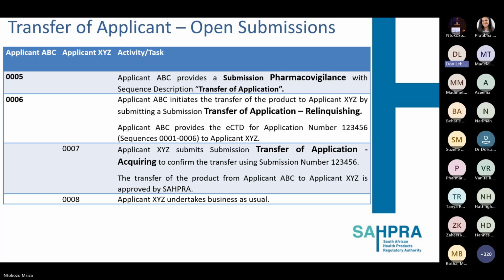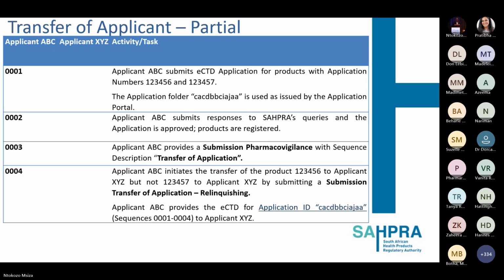And then on sequence 7, the acquiring applicant would submit a transfer of applicancy using the same application number, but they would get a separate application ID. And then from sequence 0008, they do business as usual.